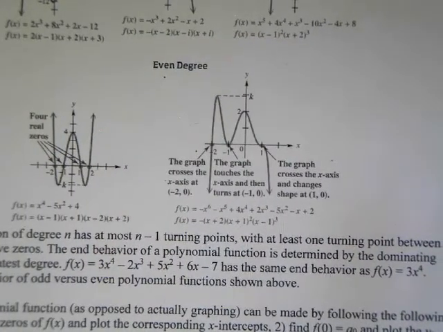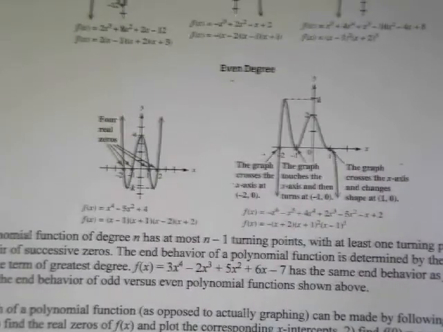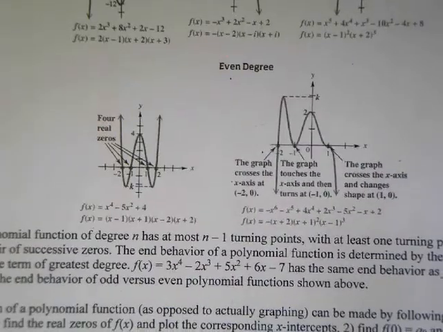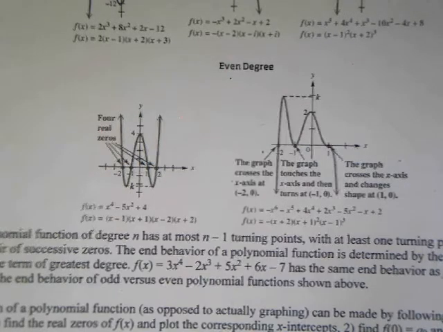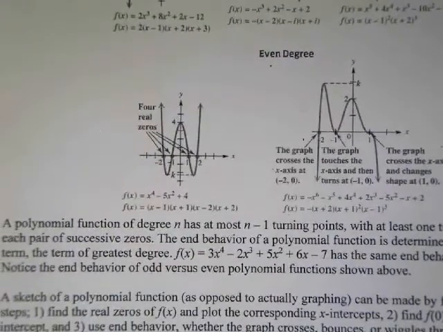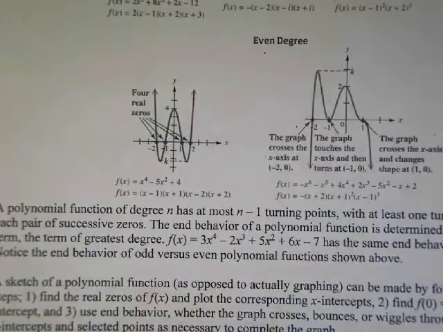Second, find f of 0. This would be, of course, where it crosses the y-axis, and plot the y-intercept. And use end behavior, whether the graph crosses, bounces, or wiggles through the x-axis at the x-intercepts, and the selected points as necessary to complete the graph.